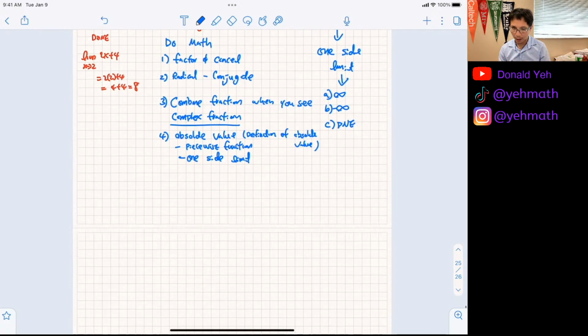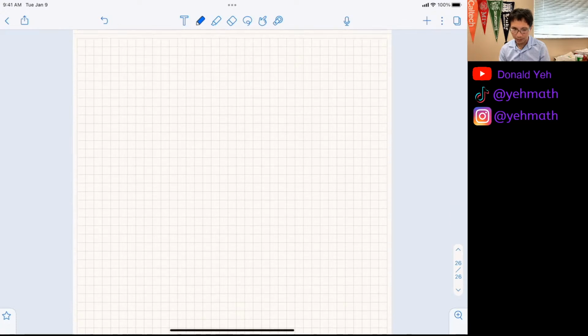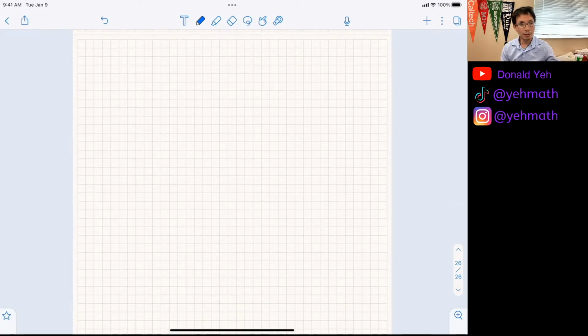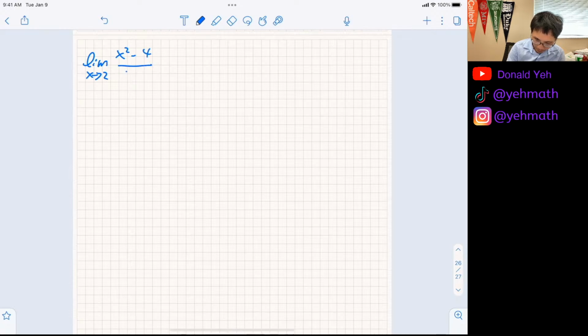Okay, so let's talk about the first possible choice. I'm going to give you some simple cases. Today's homework will have some harder cases. The simple case is going to be like this: the limit as x approaches 2 of x squared minus 4 over x minus 2.